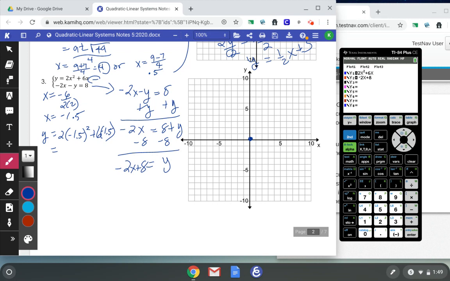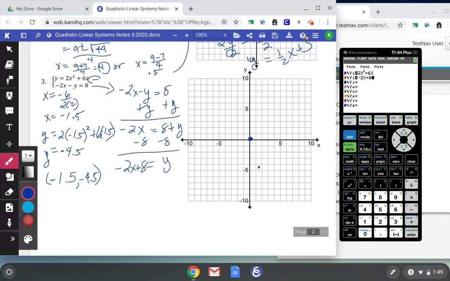We end up with negative 4.5. So I know negative 1.5, negative 4.5 is my vertex point. So negative 1.5, negative 4.5, right about here is that vertex point.